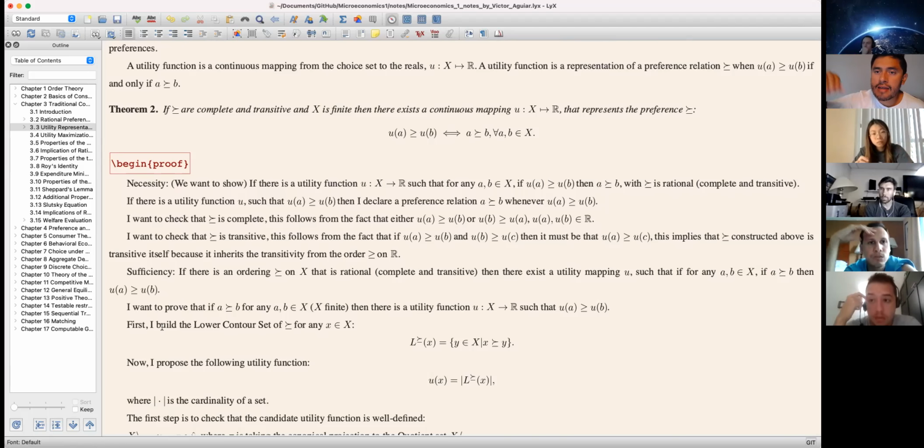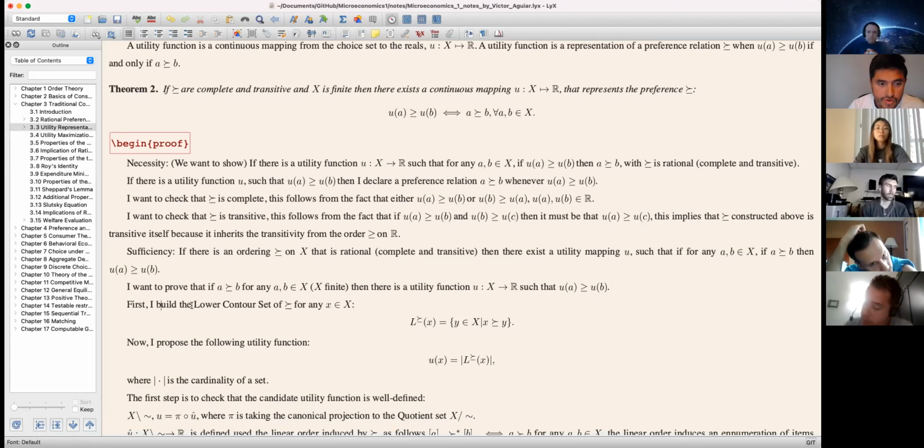They claim that there is one such object, and if it doesn't exist, then there is some sort of contradiction. Or you can do an existential claim using some techniques in math called the axiom of choice, which is interesting in itself, but I'm not going to talk about that right now. Right now, this is the most direct proof ever: I'm going to construct such a utility function. So I'm going to build one.